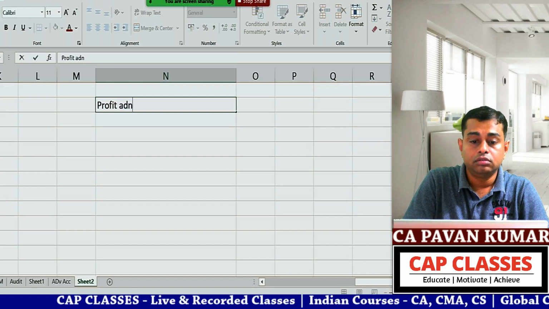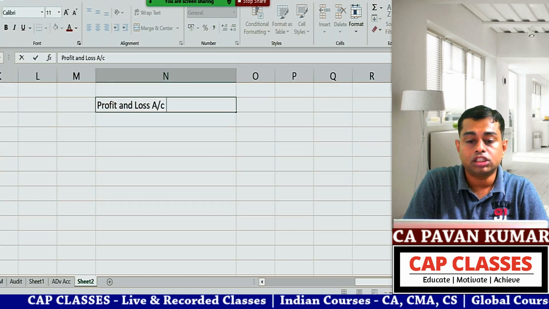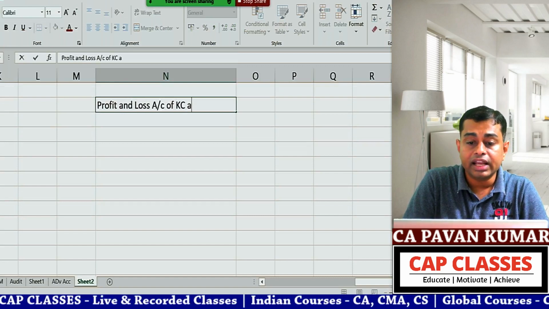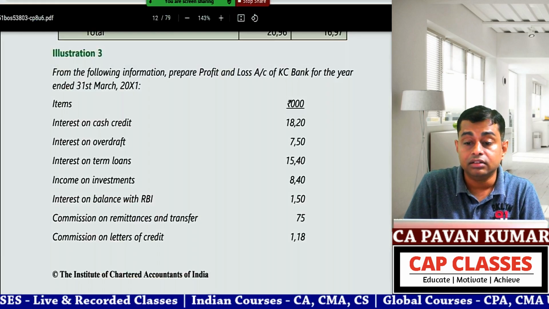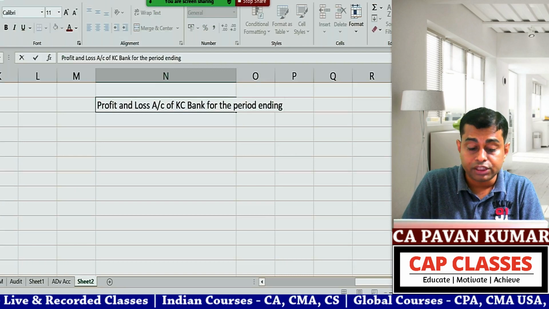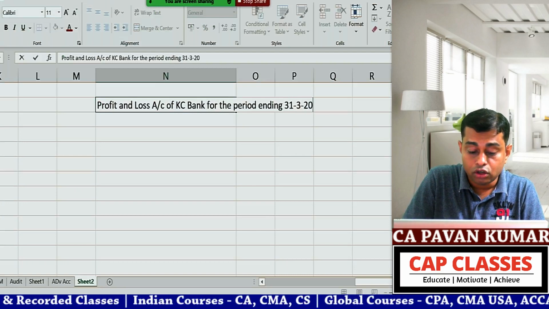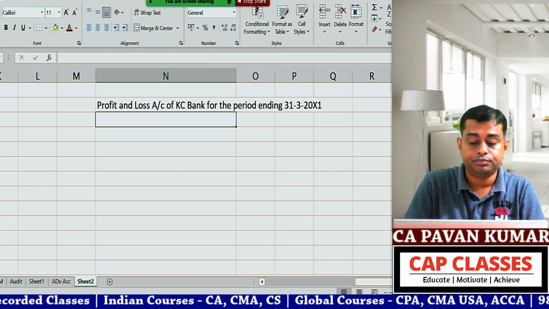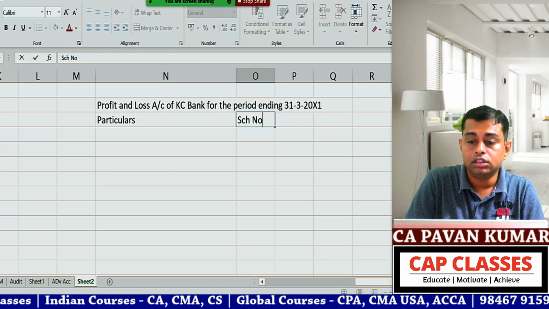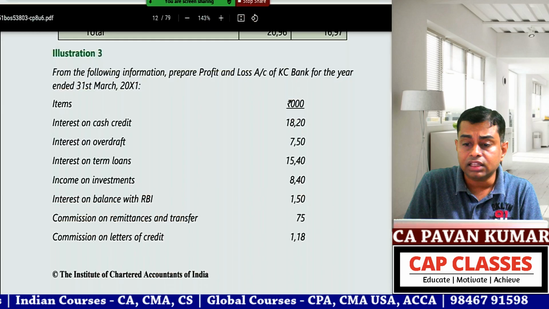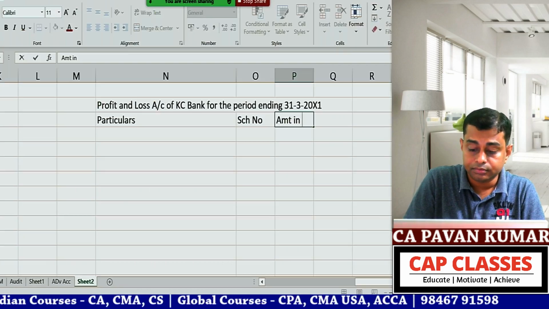So, profit and loss account of KC Bank for the period ending 31/3/20x1. Particulars, schedule number. Amount in lakhs or thousands? Amount in thousands.